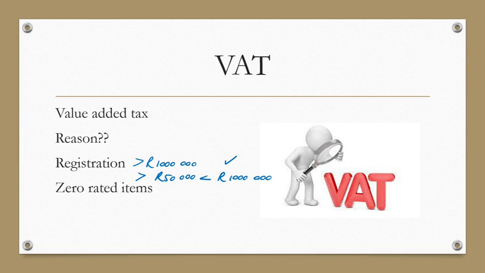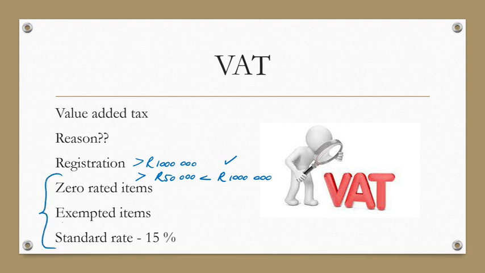We have zero-rated items, exempted and standard rate. Sometimes they will ask you to mention the three rates of VAT. You remember zero-rated and exempted items, and then you forget about the last one, our standard rate, which is the 15%. Zero-rated and exempted items, often you get confused between these two, but a zero looks like that. And when you see the zero, you see eggs.